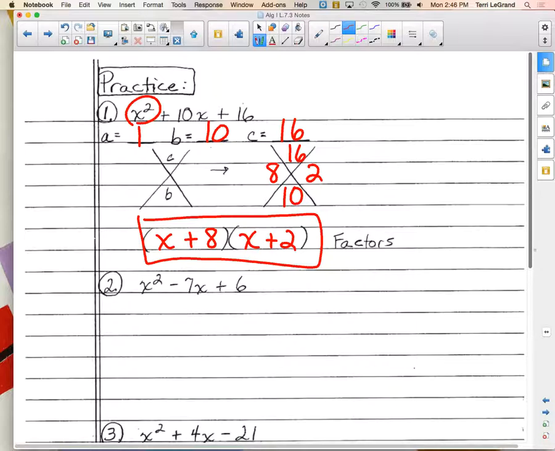Do a check problem over here. Check. Because in your homework, you're going to do check problems also. So FOIL or rectangle it. Make sure it multiplies back out.